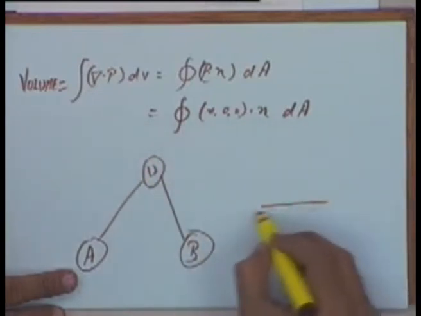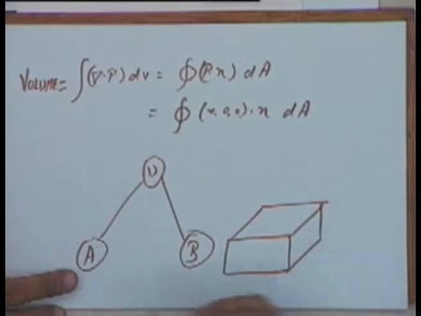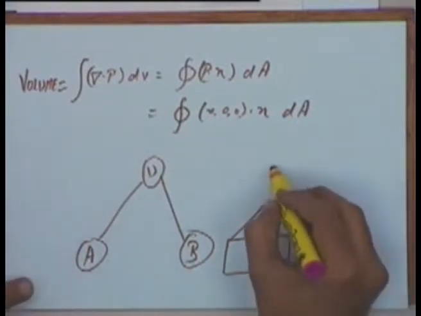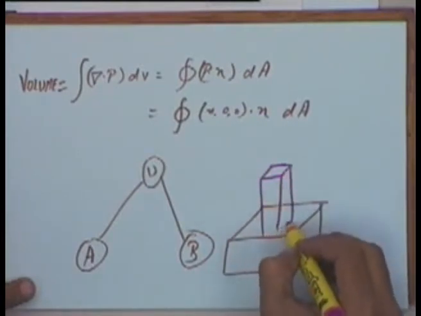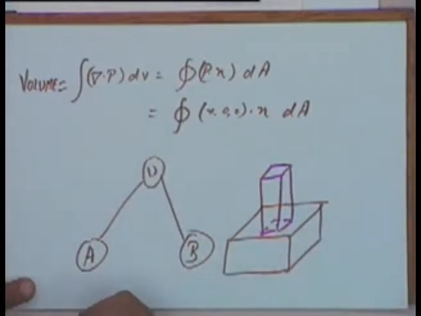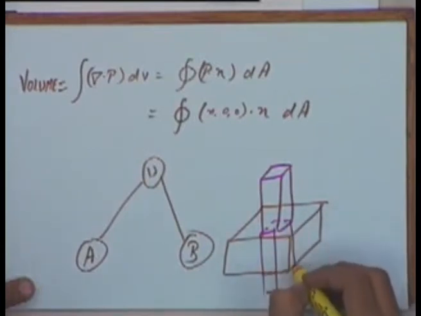Let's say I have one block like this and a second block, something like this. Let's say initially it is longer.